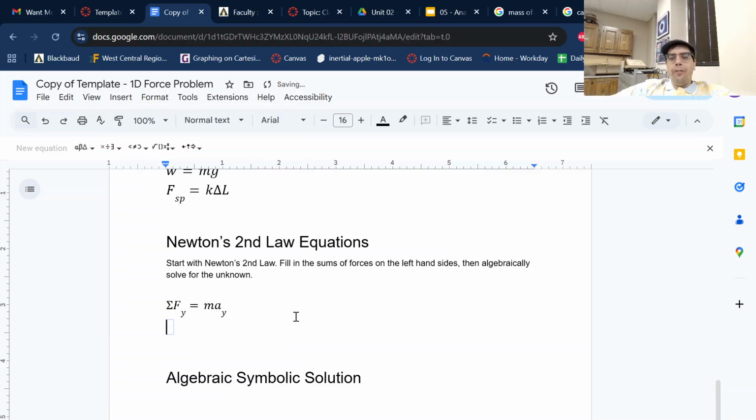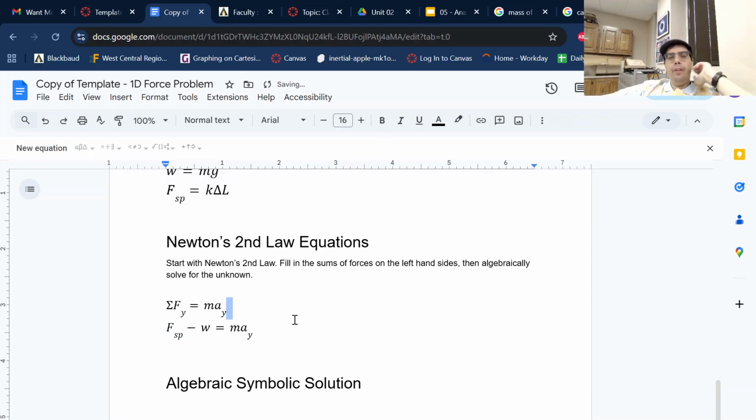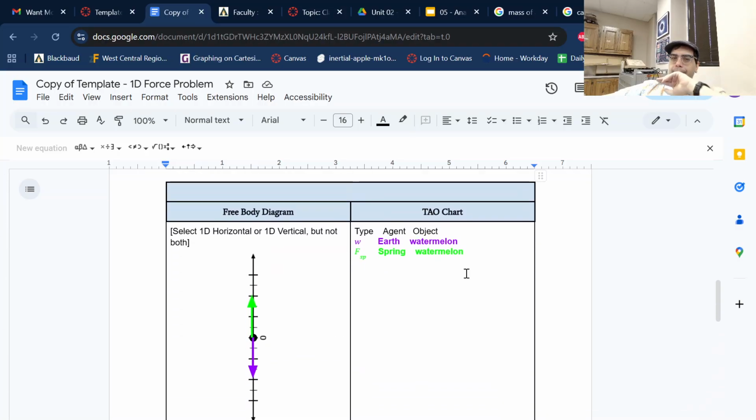So what force or forces point upward? Spring. So we're going to have just that. And what force or forces point downward? Weight. And so we're going to have weight with a minus sign. And that we can write out as ma_y because it's true. But we know something about a_y in this case. What do we know for this watermelon that is stationary? 0.